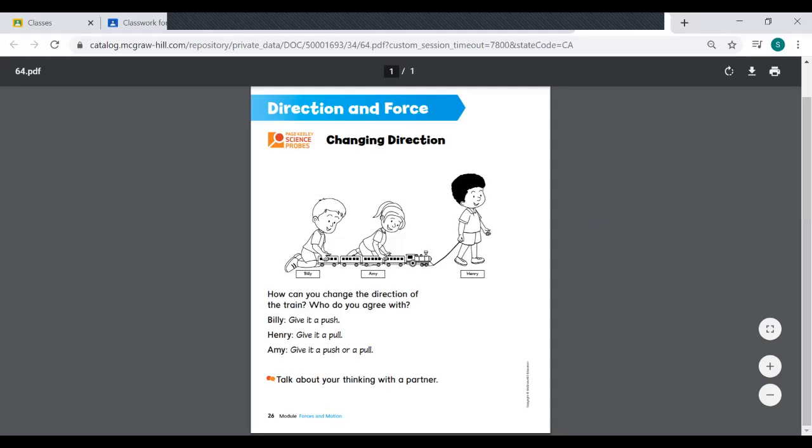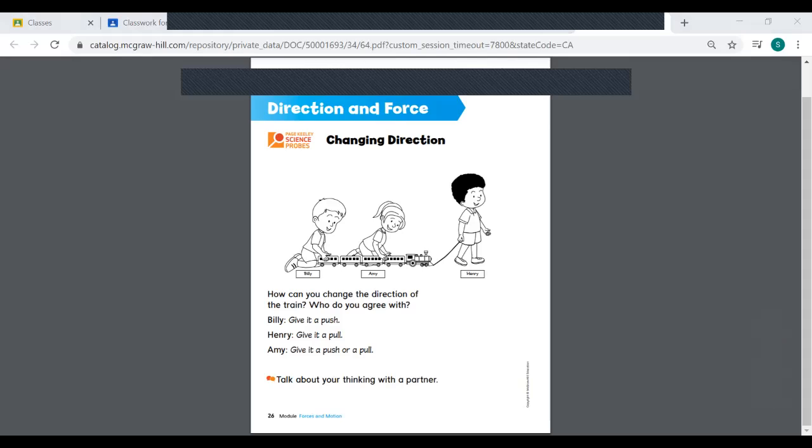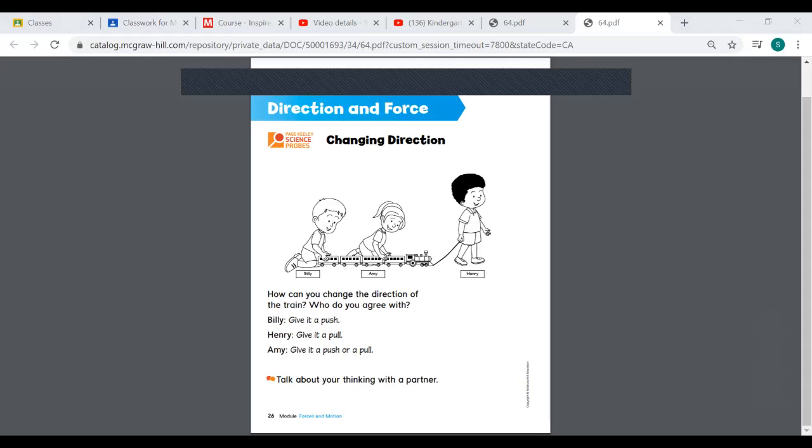There are 3 friends and they're playing with a toy train. Now the train is moving in a straight line. The 3 friends playing with the train have different ideas about how they can change the direction in which the train is moving.